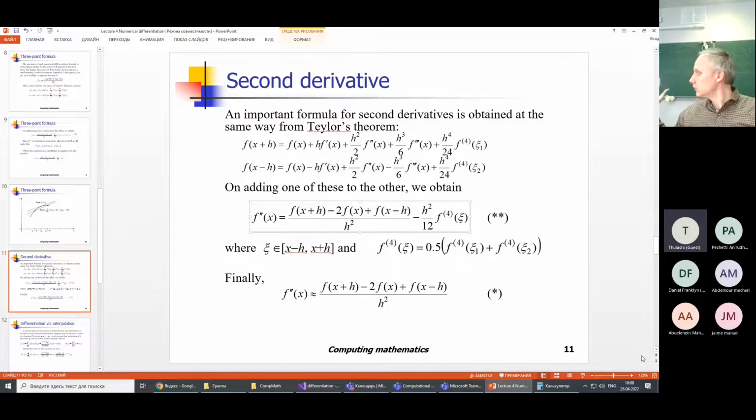Well, do you understand it? So this is 2 star, the exact equality, and it includes the error term. This error term may be 0 only when the fourth derivative is 0. In all other cases, this error term will not be 0.